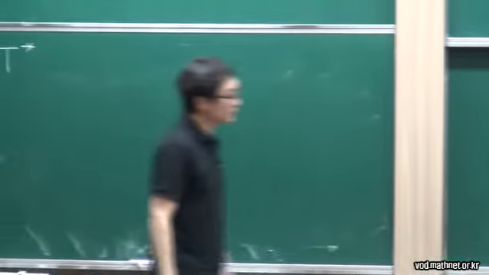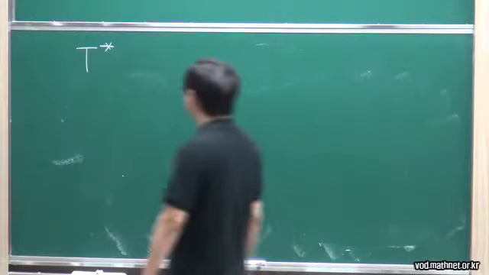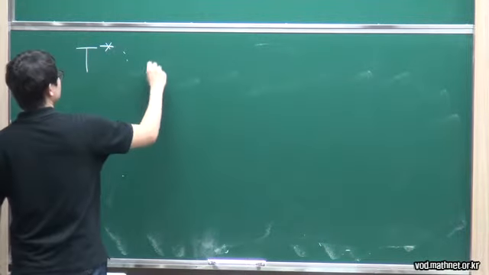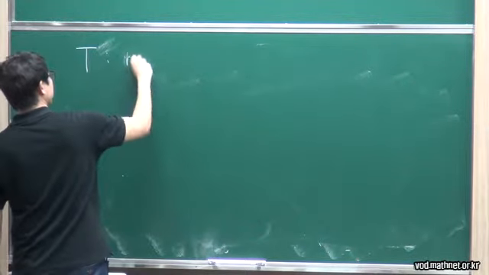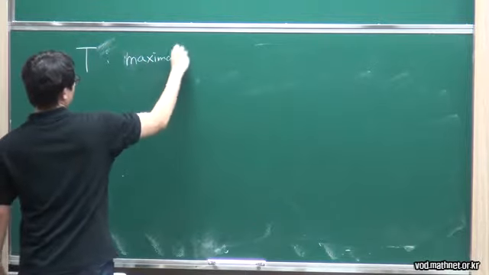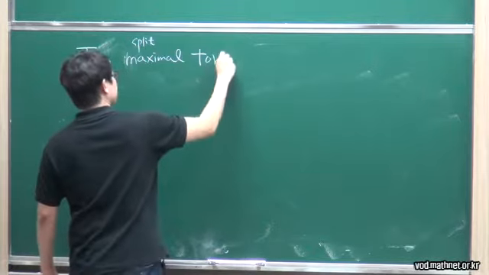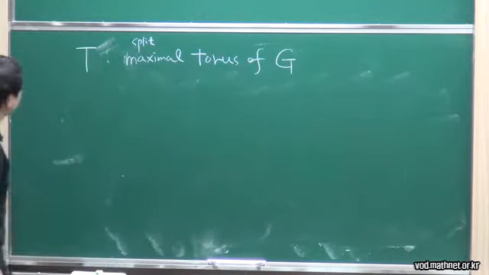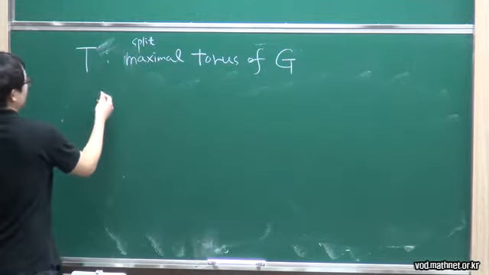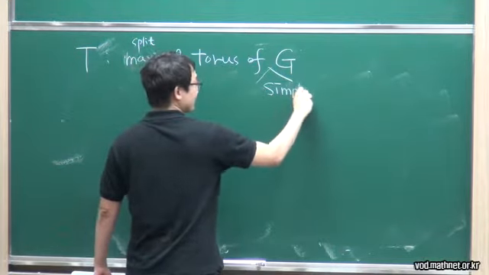And in general, it's known how to compute the degree 3 invariance. So let me say T is a split maximal torus of group G, and let's say G is simple group at this moment.